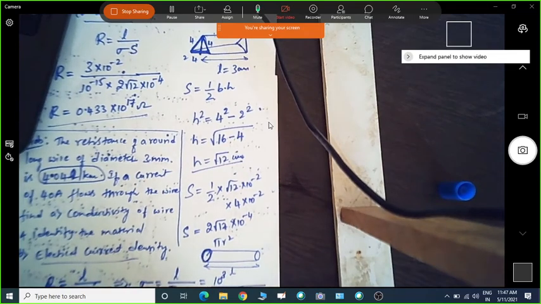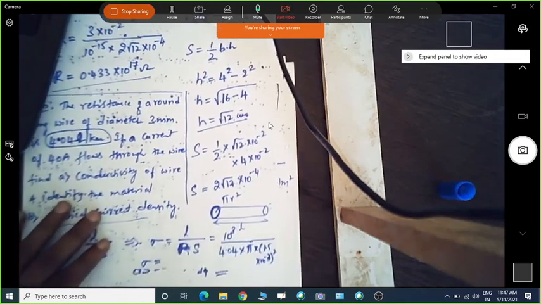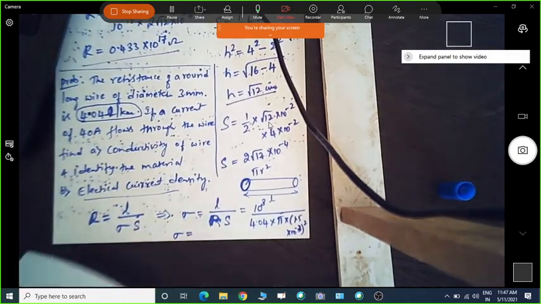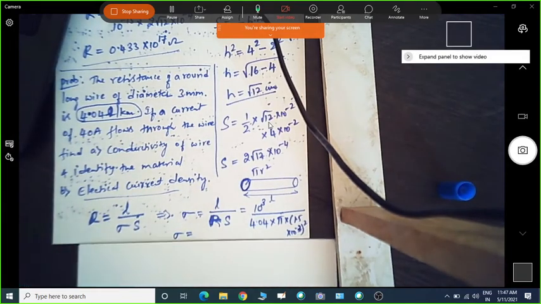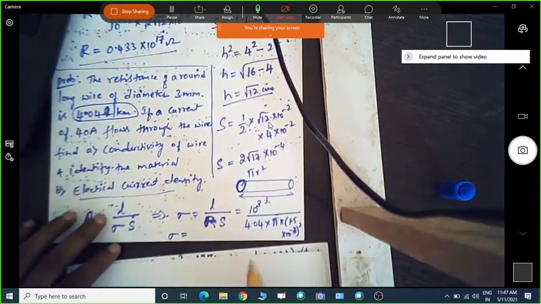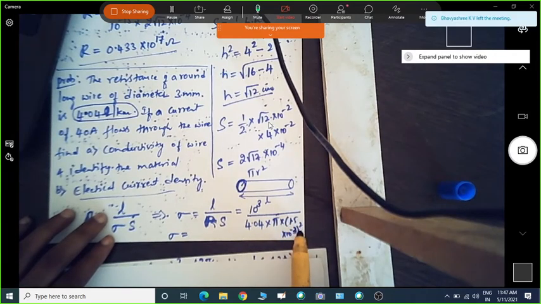So now we can find out sigma. What is sigma? So 10 power 3 divided by 4.04 into pi into 1.5 into 10 power minus 3 whole square.